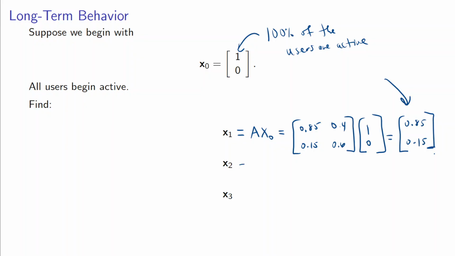And then we could find x2. We saw in a previous video that this is A squared times x0. And so we could compute that and figure out where we are after two steps. You can use other technology. You can do it by hand, certainly. But if you have some technology available to do some matrix powers, some matrix multiplication, that definitely simplifies things.